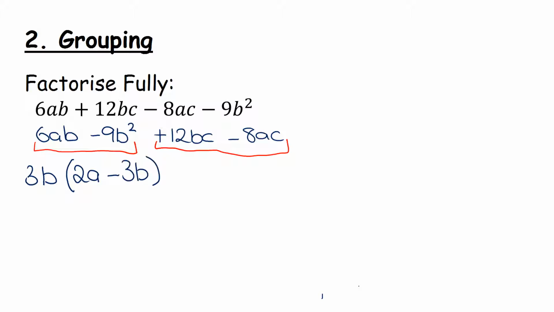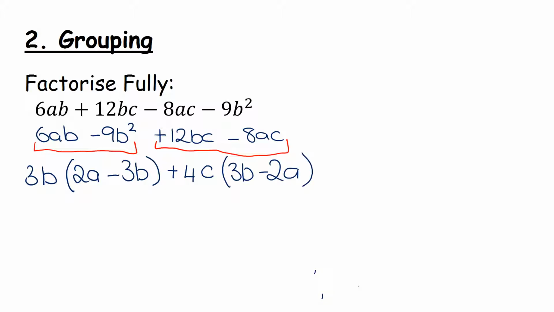And with my second group here, I'm looking to see what's common. So number wise, there's a plus 4 common here, and letter-wise there's a c. So when I come along, I then see I have 4 by 3 gives me 12, there's a b, and 4 by minus 2 gives me 8, and then there's an a.